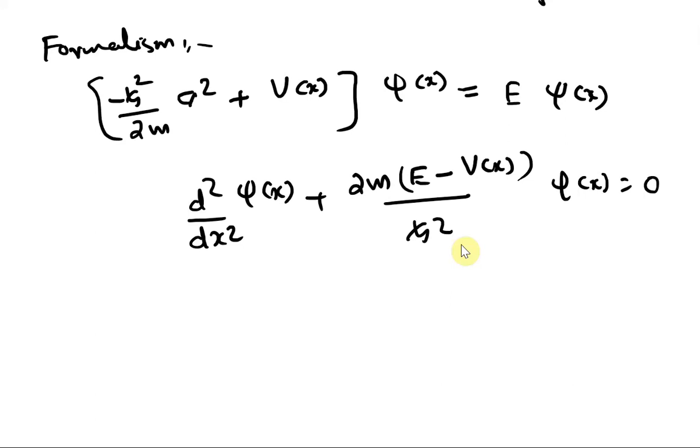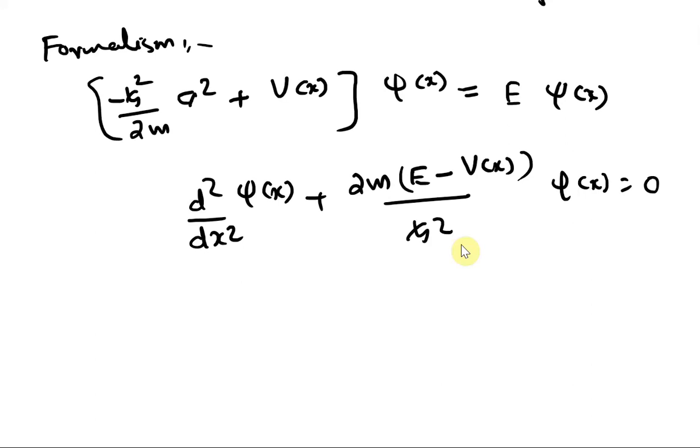As long as this term is constant and positive, you are going to have a sinusoidal solution. If it is negative, that is if V is higher than E, then you will have a decaying or increasing exponential solution. So that was our general result.